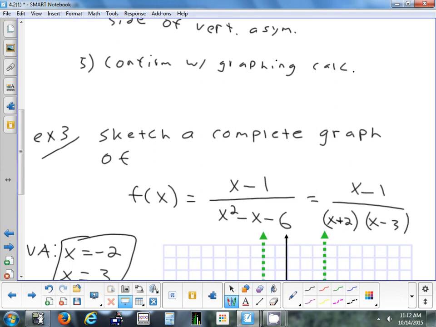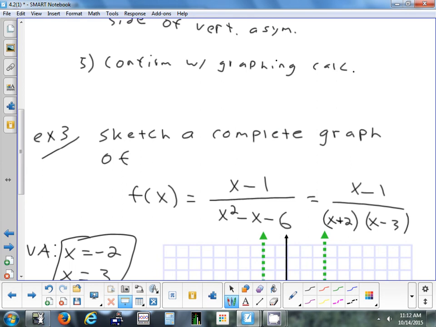If what was 0? Devin, how do you make a fraction equal to 0? You said the numerator equal to 0. Yeah. So the denominator doesn't matter, as long as the numerator equals 0. 0 divided by anything is 0.